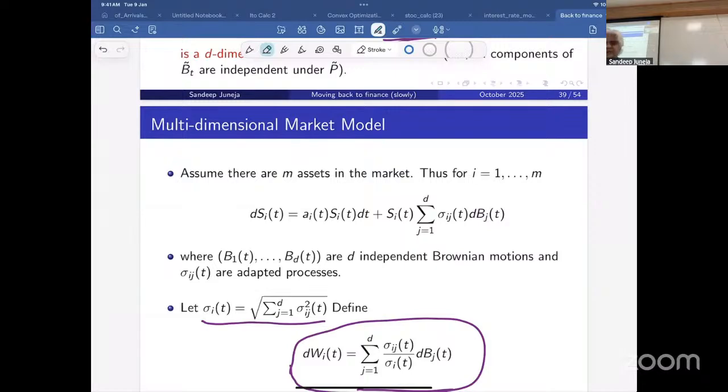So the way we build this model, it's good to have this discussion now, is just a way we've chosen to model things. We said that there are d independent noise sources, d independent Brownian motions, and stocks evolve in the following manner.